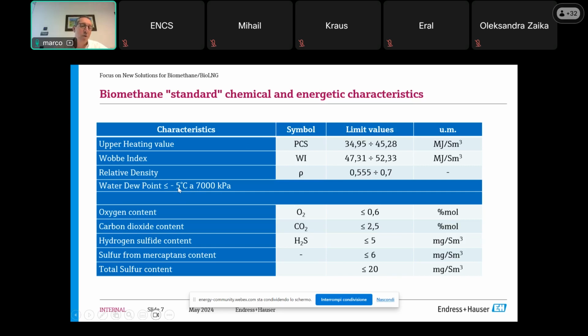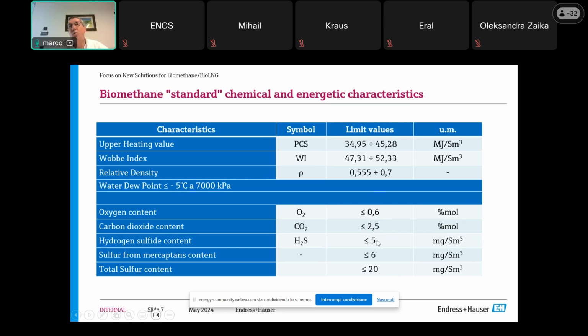If you want, you can calculate the concentration in parts per million corresponding to the dew point of -5 degrees C at 70 bars. The oxygen content, the CO2 content, as I said before, in biomethane standard is below 2.5%.